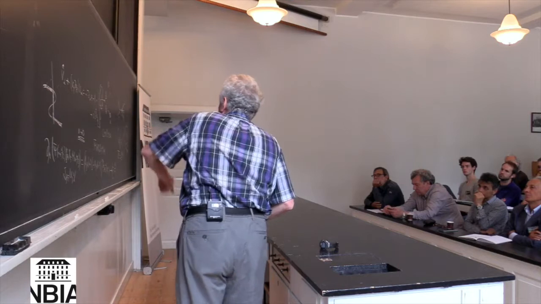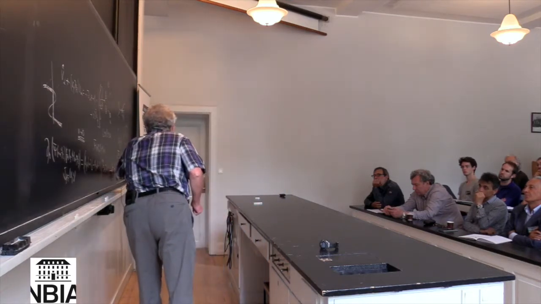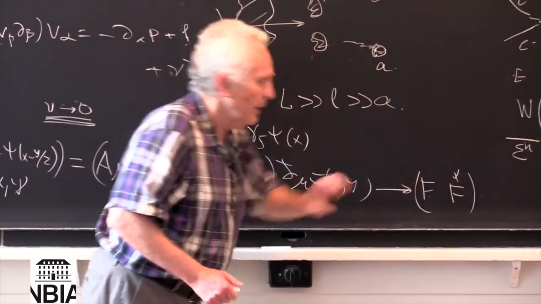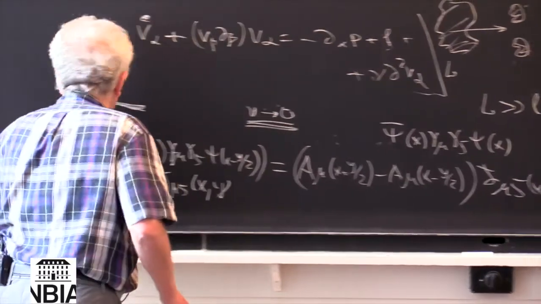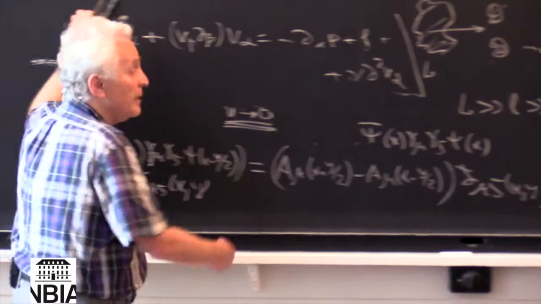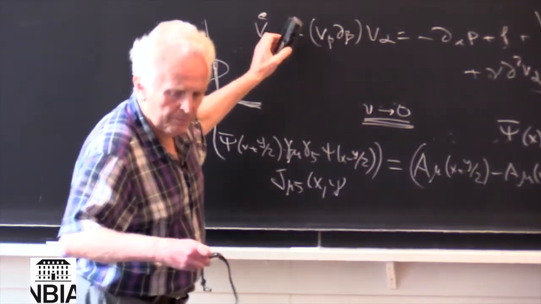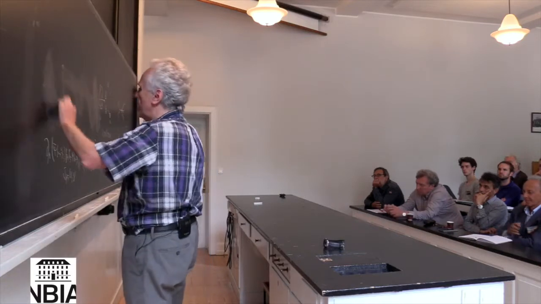I will come back to this a little later, but I just wanted to explain the momentum space topology of the anomaly, but we probably don't have time for that. So let's do something similar for hydrodynamics.